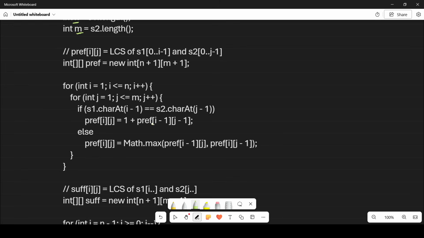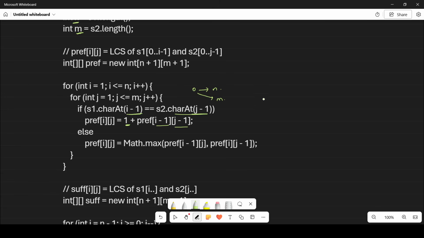Similarly, as I discussed before in the transition diagram, if the characters are matching, you have to increase your LCS by 1 and go to the next character, that is i minus 1 and j minus 1, because in this case you traverse from 0 to n or m, so that's why you will see the previous character only.